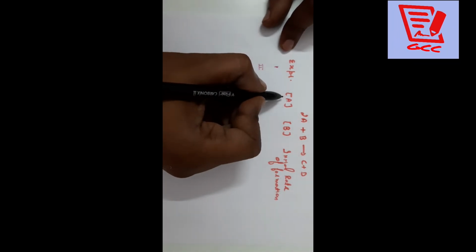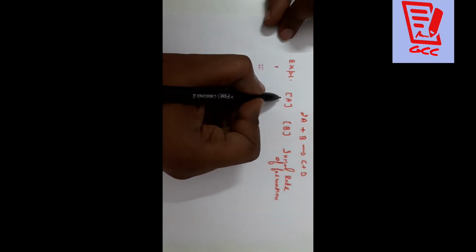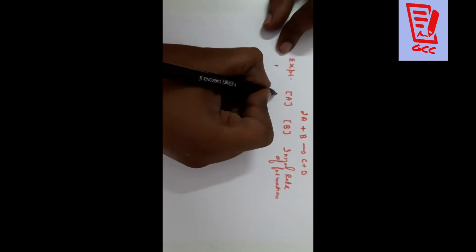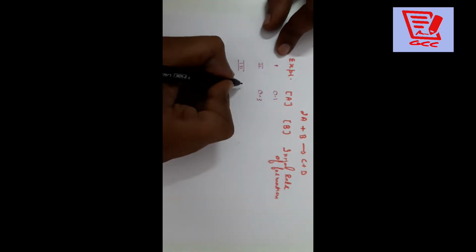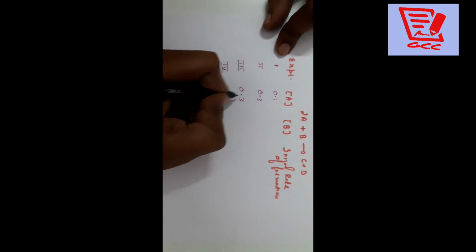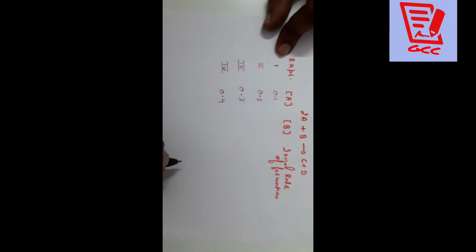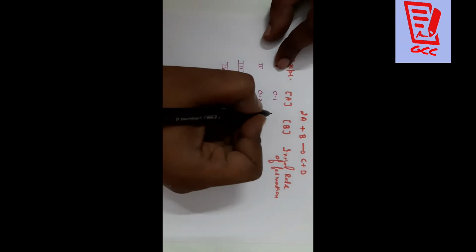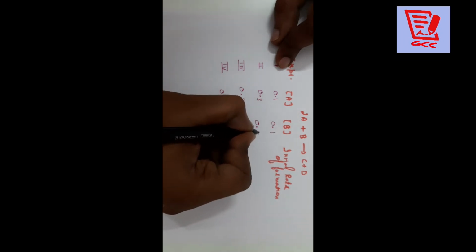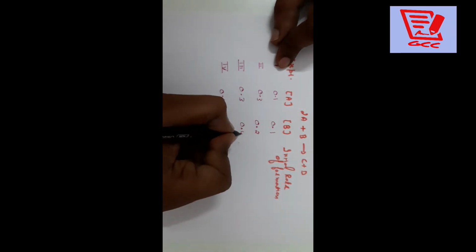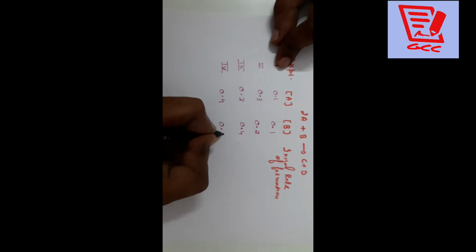Experiment number 1, experiment number 2, experiment number 3 and experiment number 4. The concentration of A is in mole per liter. Here it is 0.1, here 0.3, here again 0.3, and here 0.4. Then the B concentration is 0.1, 0.2, 0.4, then again 0.1.